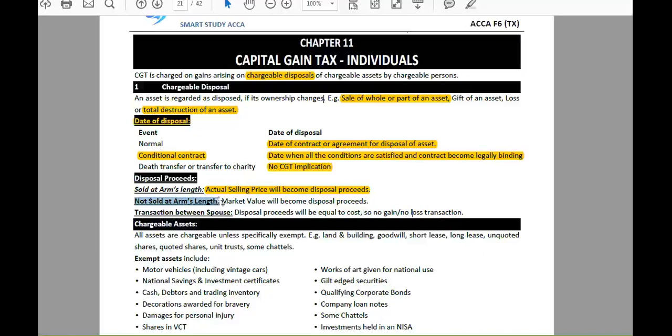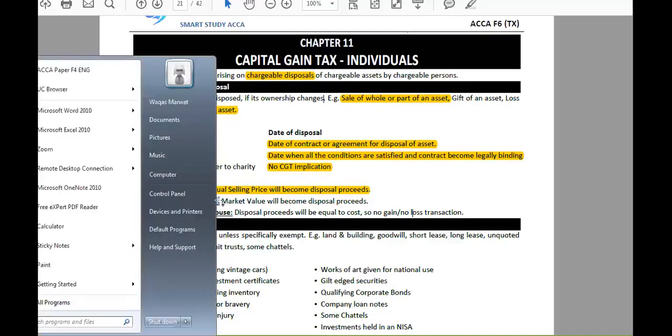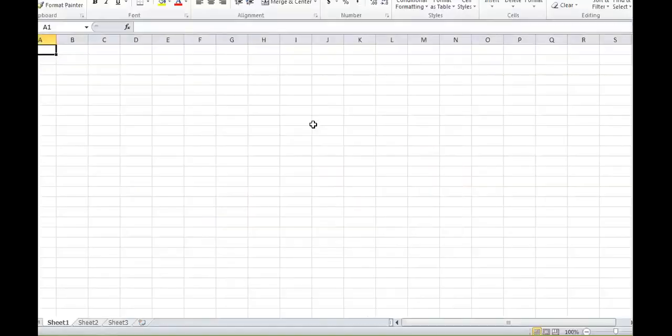For example, if an asset has market value of £10,000 and you have sold this asset for £7,000, what will happen? Still there is a gift element.